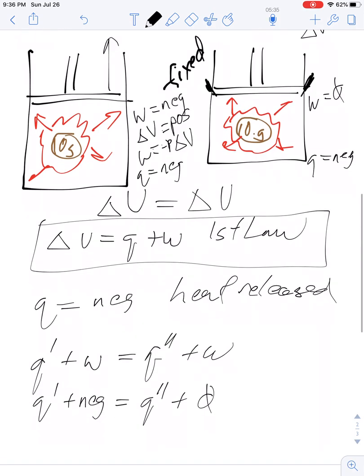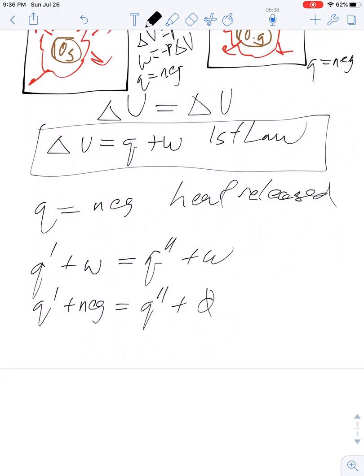The only way is if, remember Q has to be negative, Q double prime is a bigger negative number than Q prime.